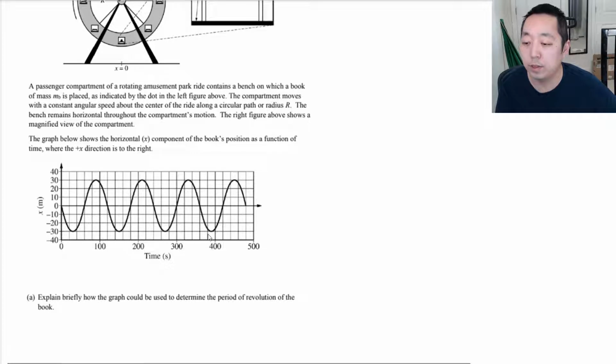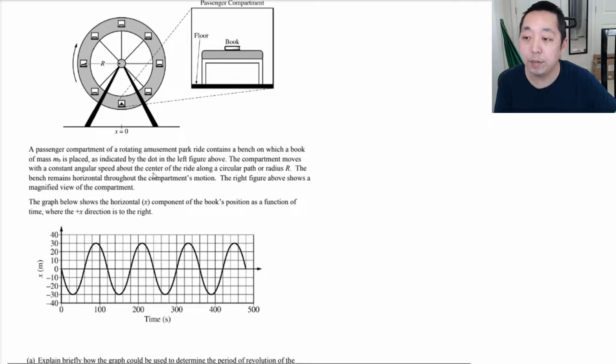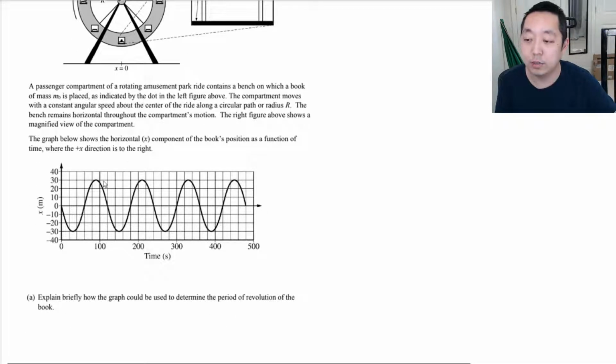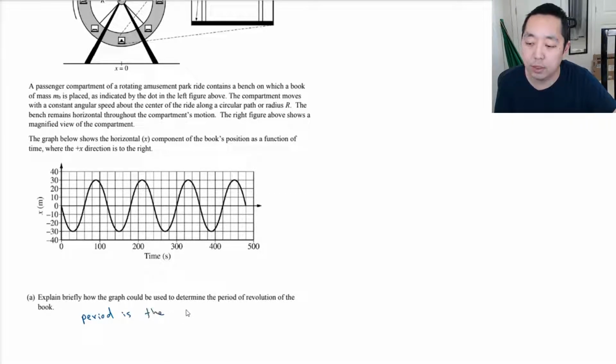Explain briefly how the graph could be used to determine the period of revolution. Okay, period of revolution is when it comes back to its original point again. And so you see how it's very cyclical. The period is the time when the cycle repeats. The simplest way to do it is to measure it peak to peak on the cycles like this.